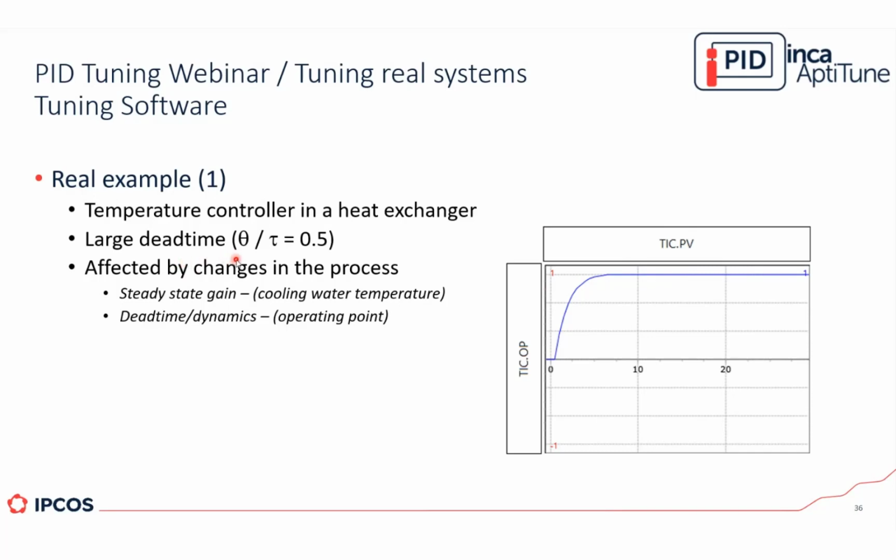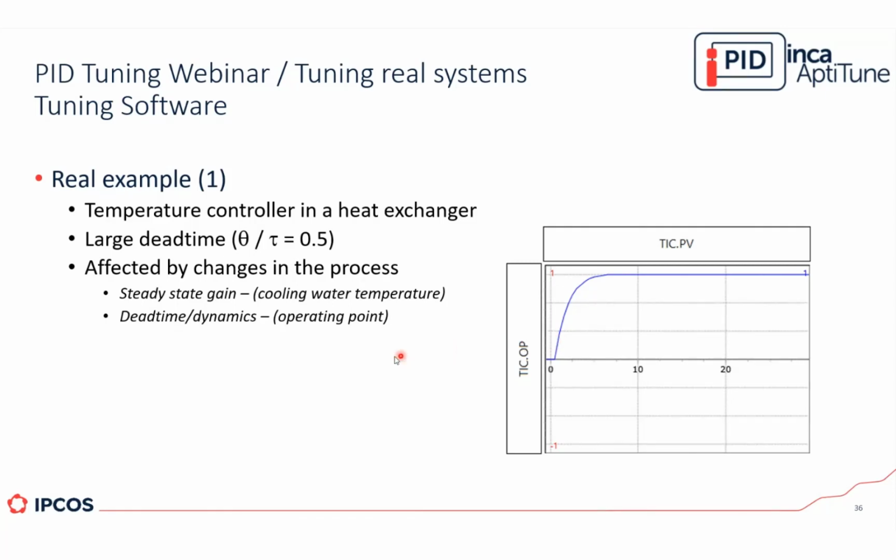So we saw in that comparison of the rules that, depending on the rule that we use, if we are doing that manually, the gain could change from 1 to 3 something, right? So even though it seems easy to find a good tuning set for this loop, it's not always the case.